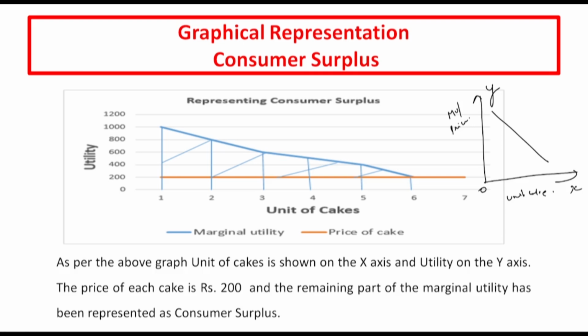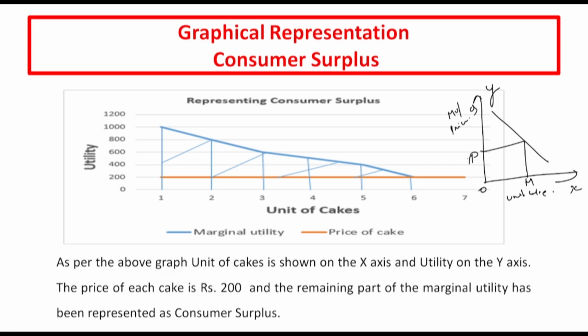For example, you can see a point. OP is the price, and OM is the commodity. So the consumer is ready to pay OQ level of price for OM level of quantity. But when he actually visited the market, he is paying only OP price for the OM level of quantity.